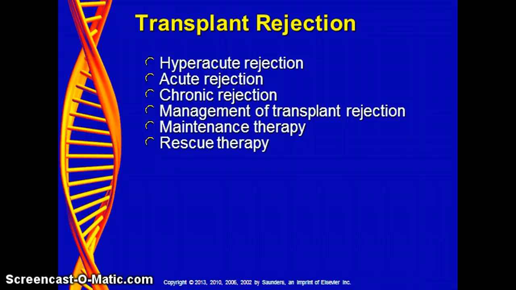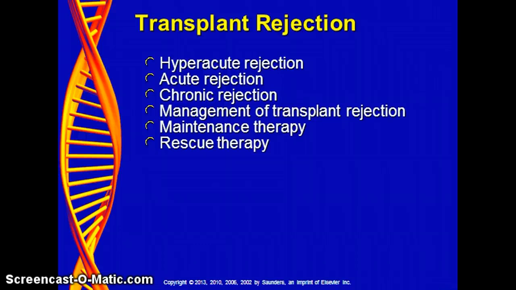So management of transplant rejection involves all three components of immunity. But the cellular mediated immunity is really going to be the one that plays the most part in transplant rejection, and that's due to the human leukocyte antigens, and it's the body's ability to recognize self from non-self cells.